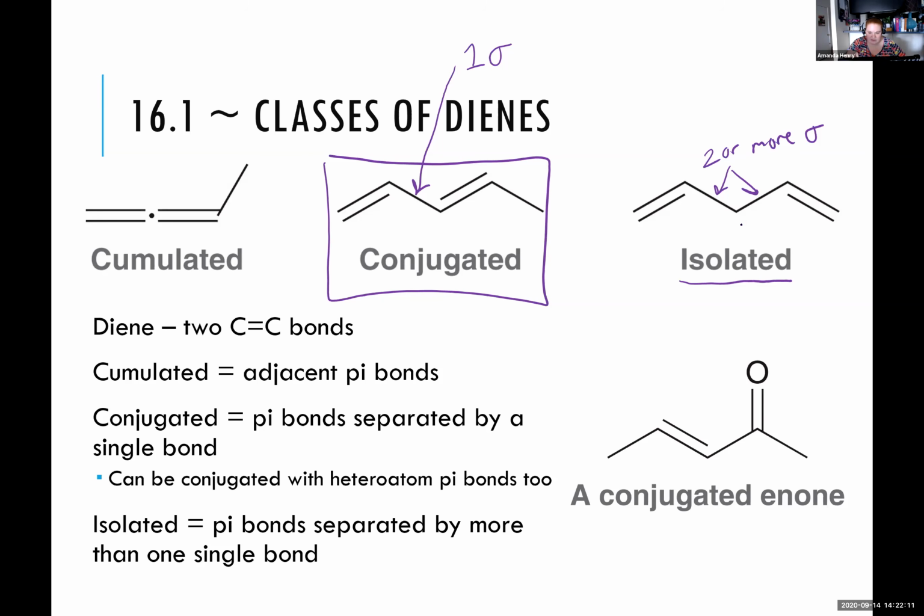And more importantly, it's separated by at least one sp3 carbon. So we know resonance qualifications are that something has to be sp2 or sp hybridized in order to go through resonance, because it has to have that available p orbital. Conjugated double bonds have resonance.